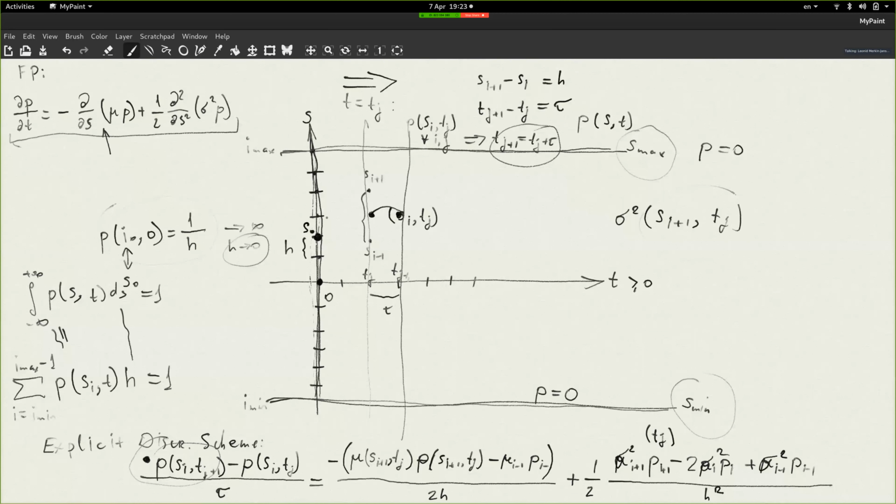This explicit discretization scheme is very, very easy to implement, and I suggest that you play with your favorite numerical software. It could be Python, NumPy, or C++, or MATLAB, or anything that you use to implement this scheme. It is very, very easy.